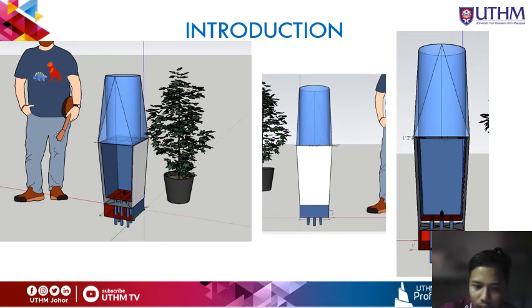For the 3D layout, as you can see, this is my unfinished 3D layout. The moisture sensor will be embedded in the bottom of the pot, because as I reviewed the articles, the sensor should not be above the ground but under the ground.